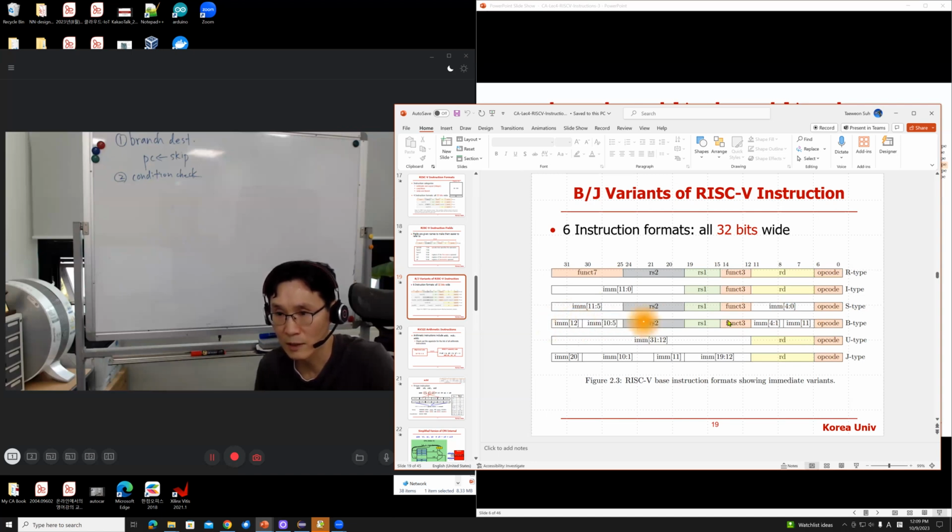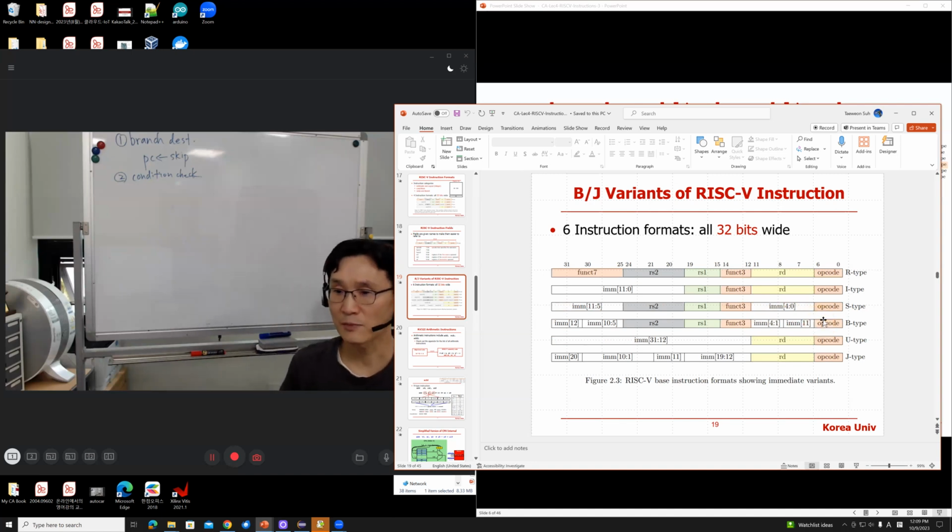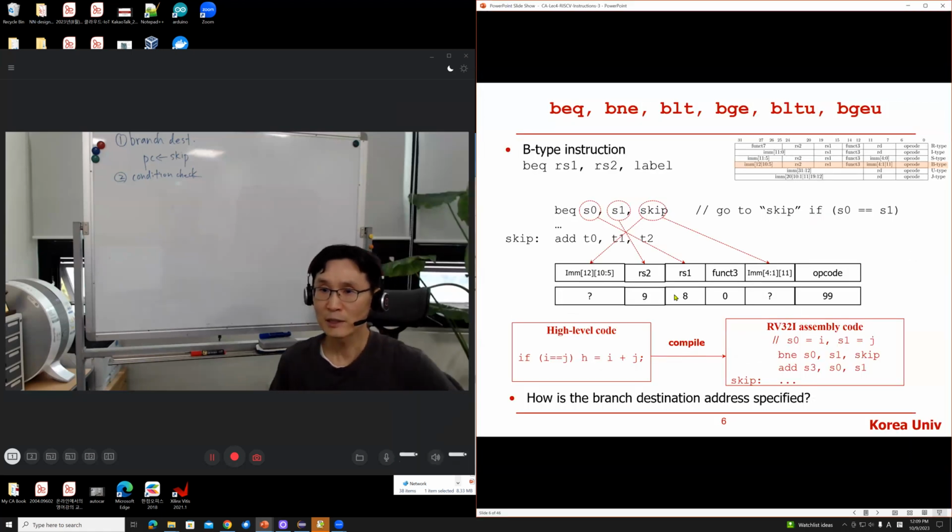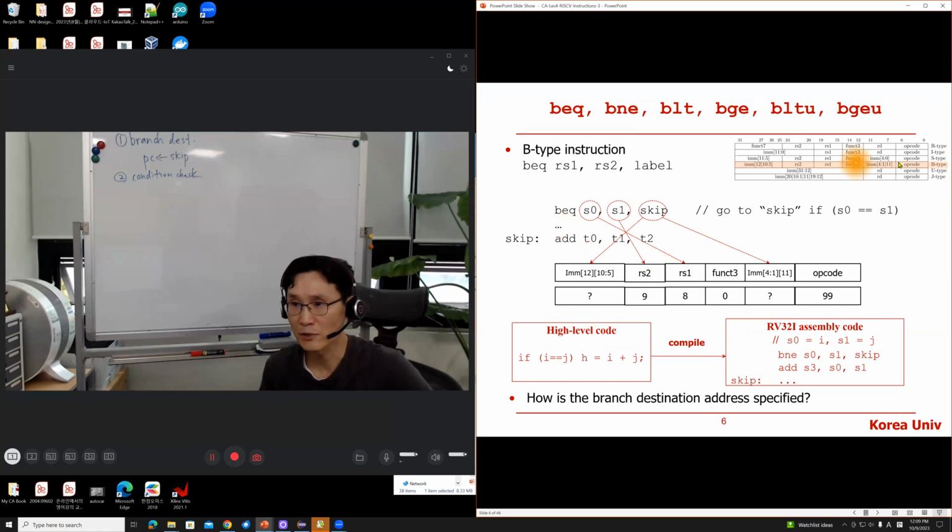So immediate 4 to 1, and then there's no immediate 0. Anyway, it is very similar, but a little bit nasty in terms of the immediate, because it is distributed. So a branch instruction is using B-type encoding, and this label is encoded in the immediate.